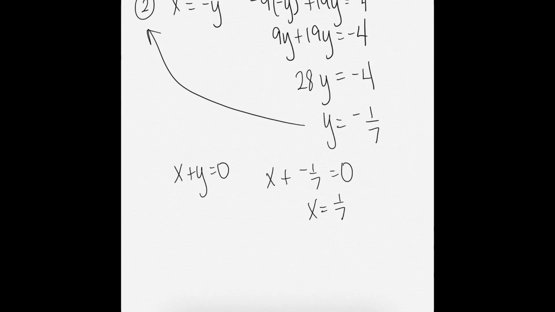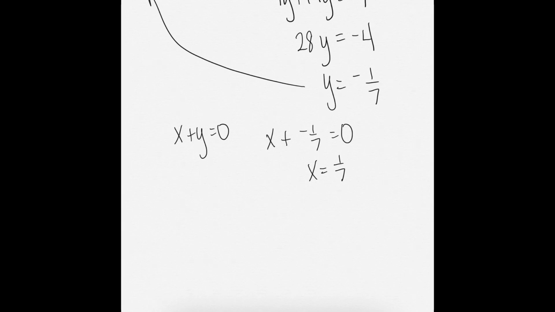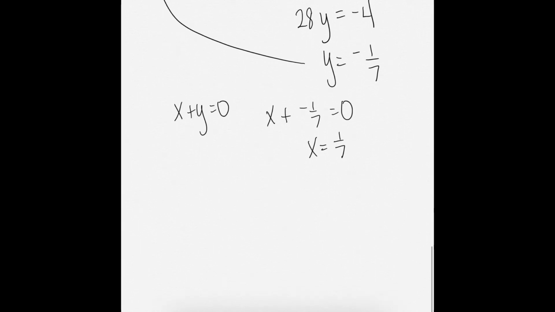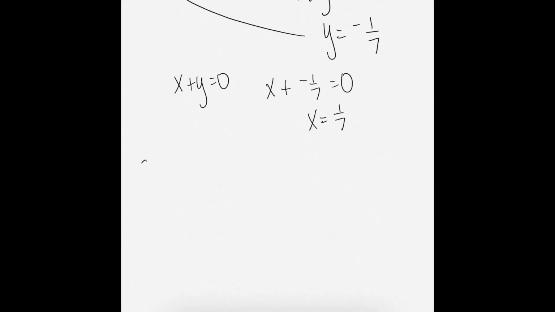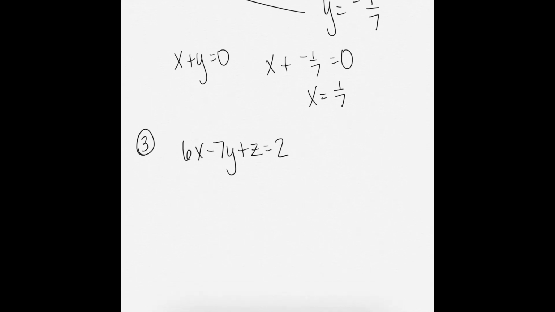So I'm going to take either equation 1 or equation 3, and I'm going to solve it. I think I will do equation 3. I don't know that one is easier than the other. So equation 3 says 6x minus 7y plus z equals 2.